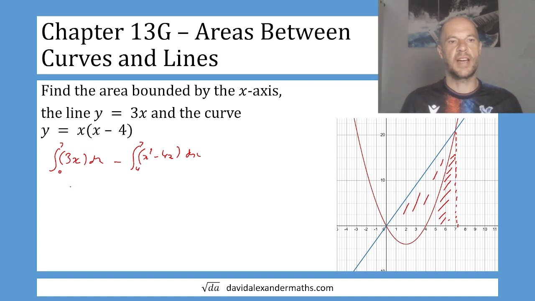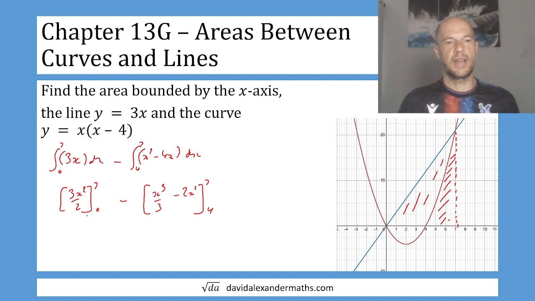So let's integrate 3x. That's going to be 3x squared over 2 between the upper limit of 7 and lower limit of 0. Take away, this is going to be x cubed over 3 minus 4x squared over 2, so take away 2x squared, and that will be between 7 and 4.